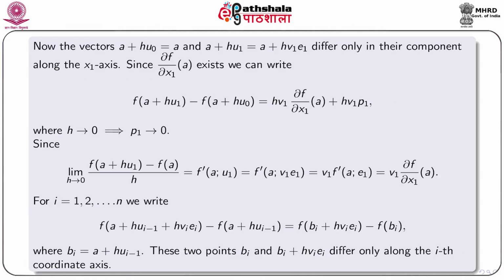Now, the vectors a plus h u 0 equal to a and a plus h u 1, which is nothing but a plus h v 1 e 1, differ only in their component along the x 1 axis.